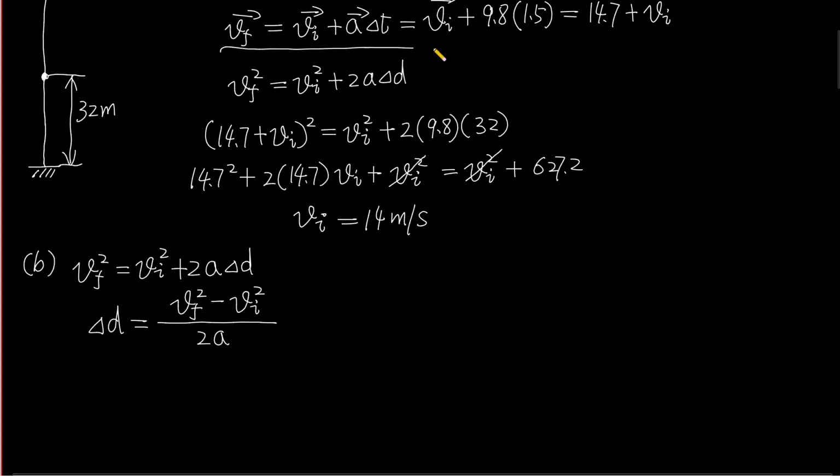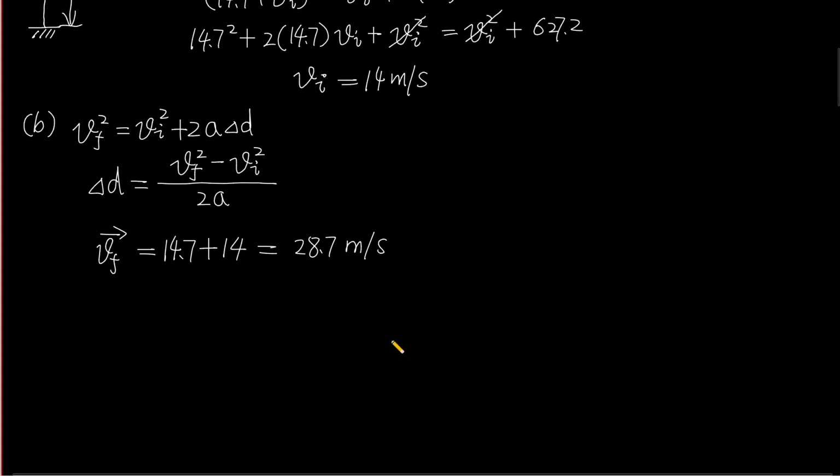And from here, we can know that the final velocity just equals 14.7 plus the velocity when the ball is 32 meters above the ground. So plus 14, and this equals 28.7 meters per second.